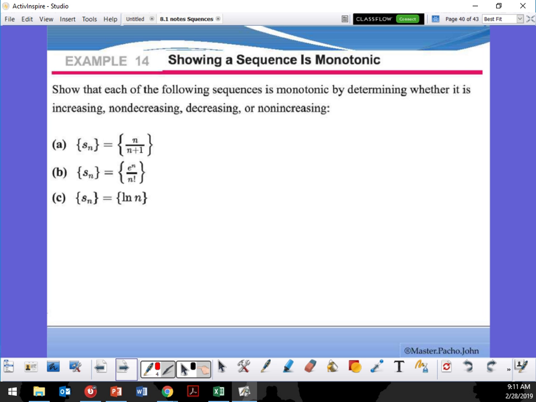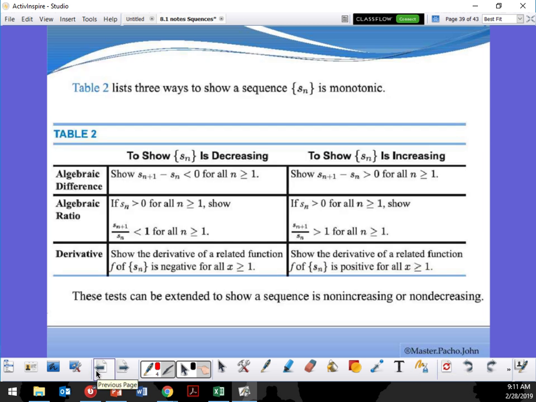Let me see. So it's supposed to be n plus 1, and the other one is supposed to be, oh wait, no, I'm doing the previous one, sorry. Okay, I'm checking for this one right here.